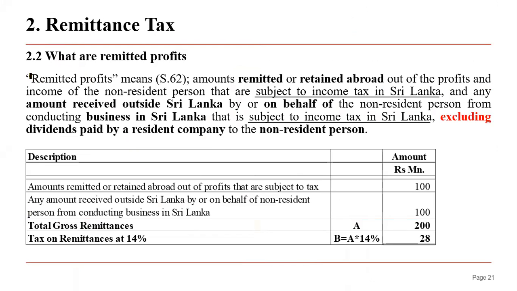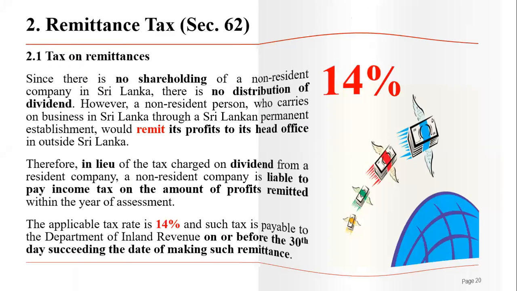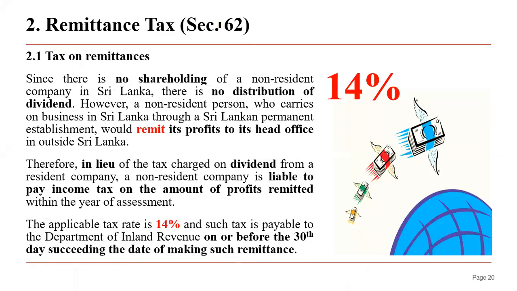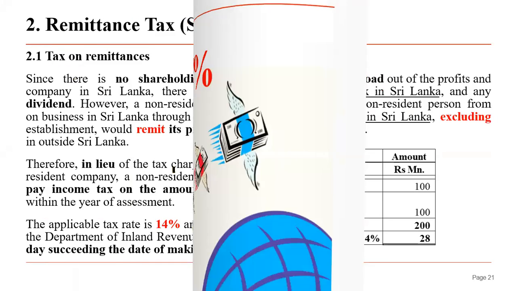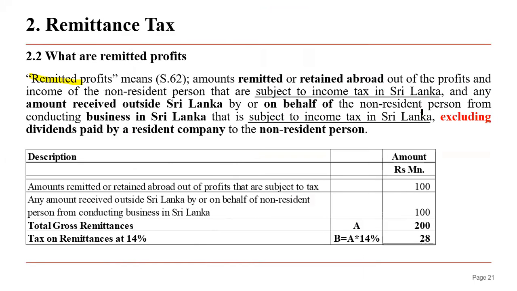Remitted profit. If you can go to slide number 21, remitted profit under sections. If you can refer to section 62. Under that we discuss remittance tax, all the detail.